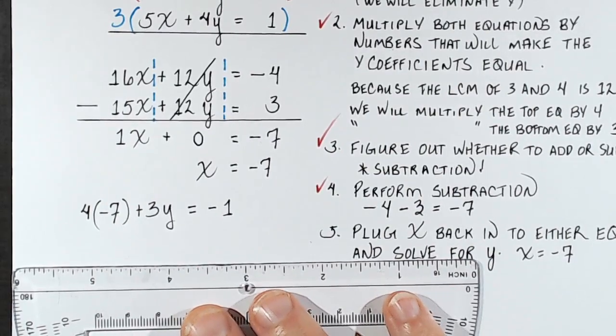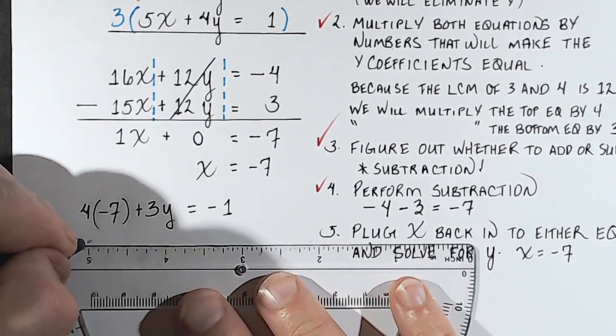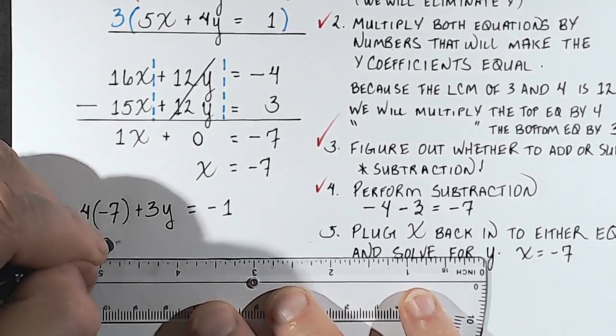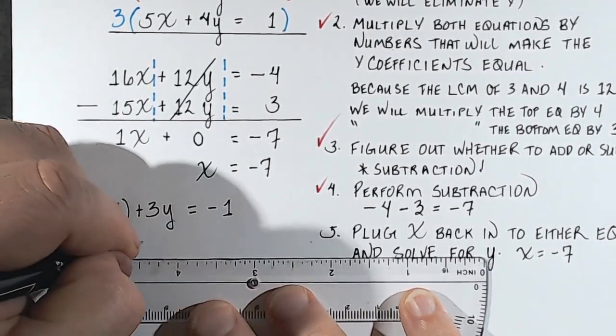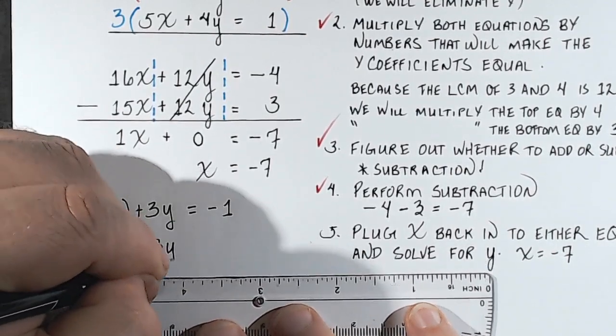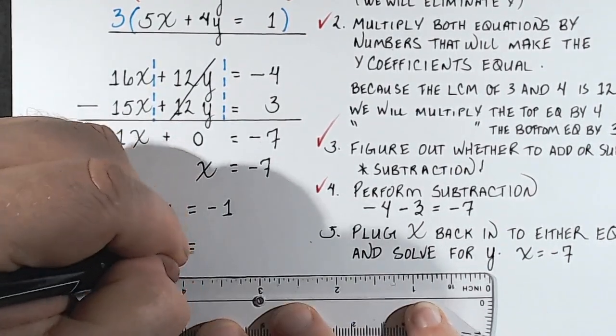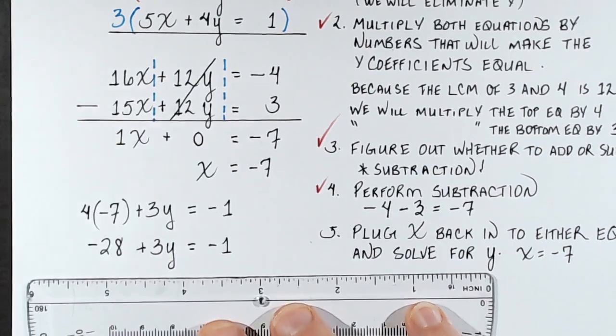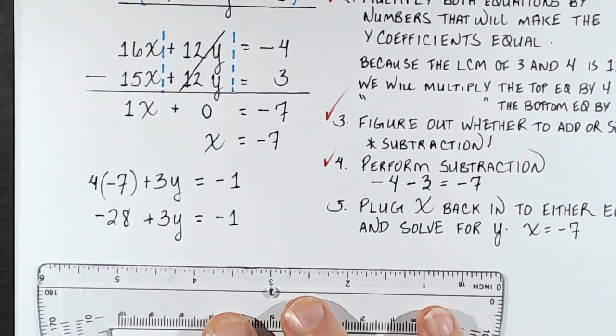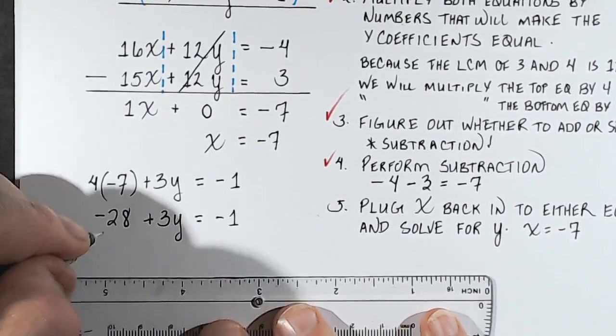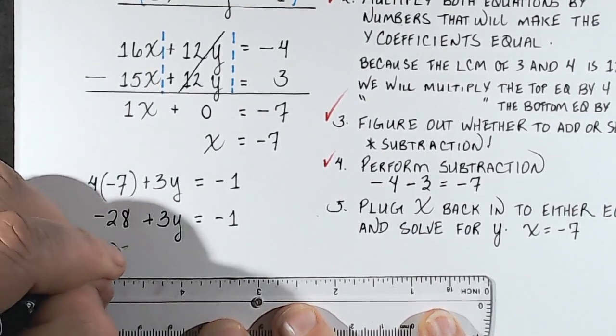And now I'm going to solve for y. So 4 times negative 7 is negative 28 plus 3y equals negative 1. Okay, so now I'm trying to get y by itself, so I just add 28 to both sides.